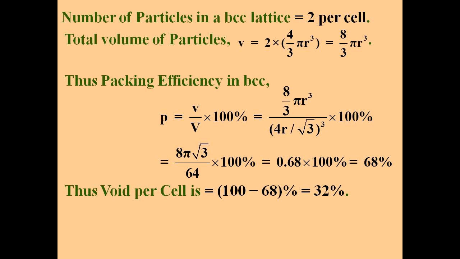Thus the void per cell is 100 minus 68% equals 32%.